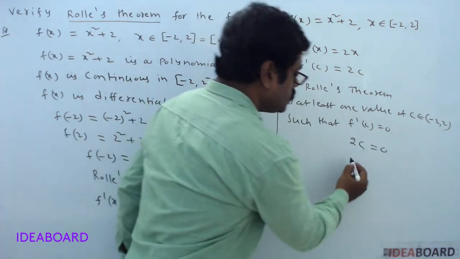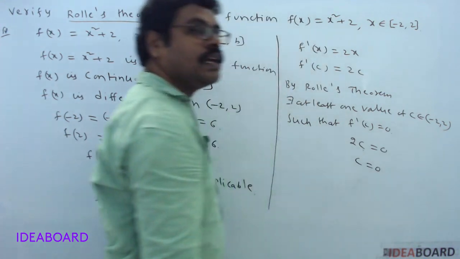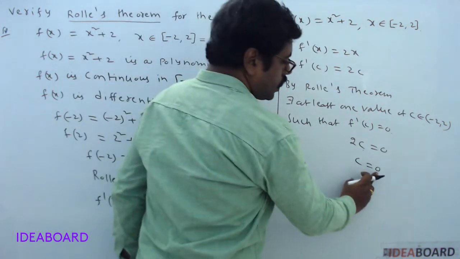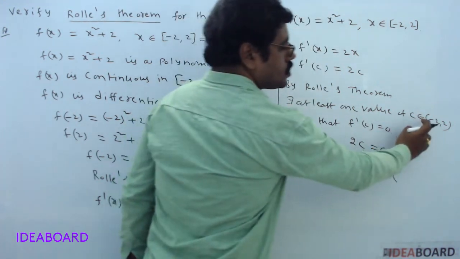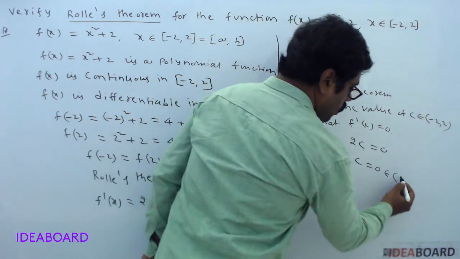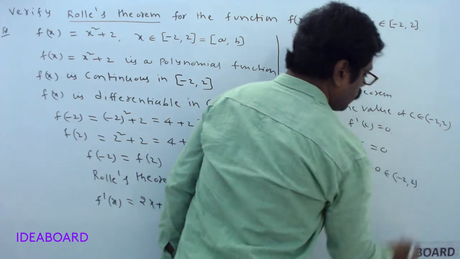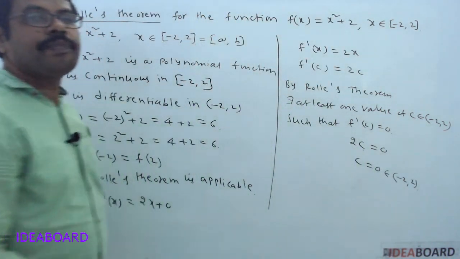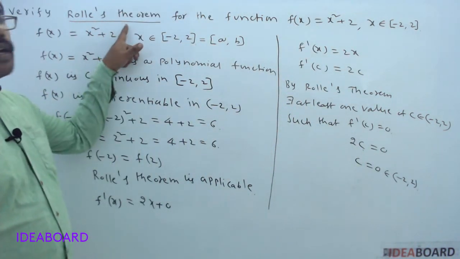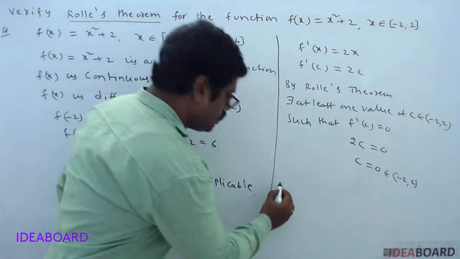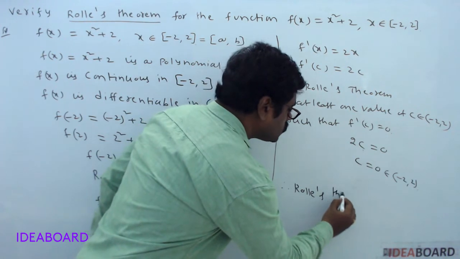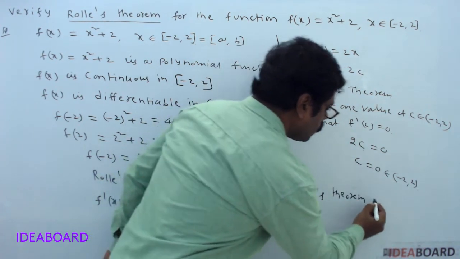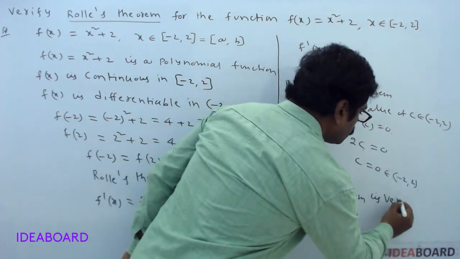This equals 0. So what is the value of c? 0. Now clearly this 0 lies between -2 and +2. So 0 belongs to the open interval (-2, 2). It means Rolle's theorem is verified. Therefore, what is our conclusion? Rolle's theorem is verified.